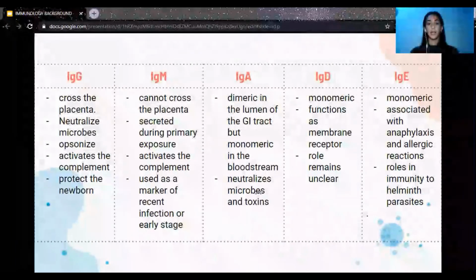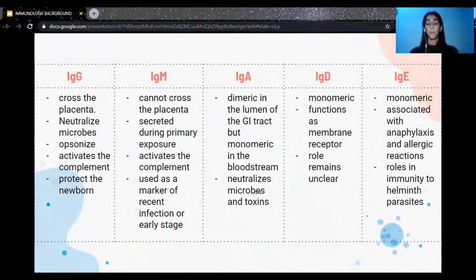Here you have a little chart with some activities or functions of each antibody. But the most important thing we have to remember is that IgM is the first antibody to be secreted. Later on, we are going to explain why and how. But it's the first antibody that is secreted by the B cells.